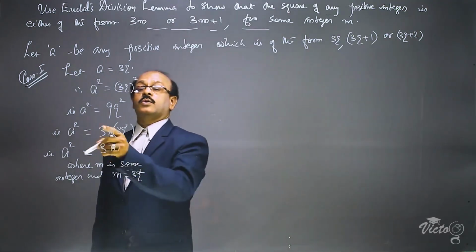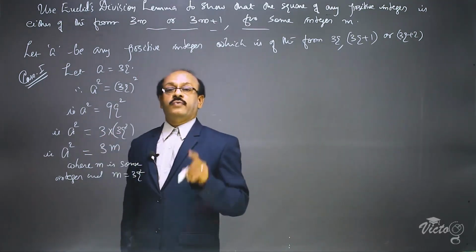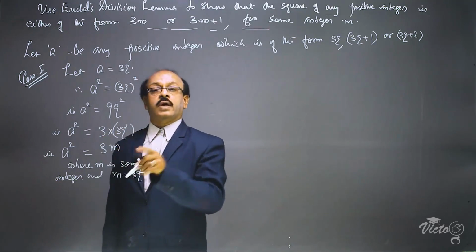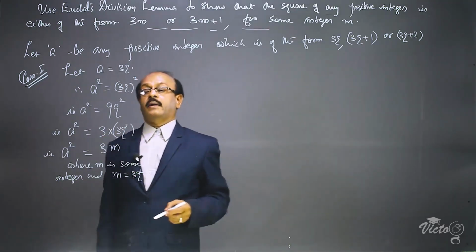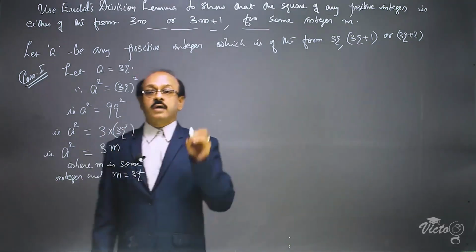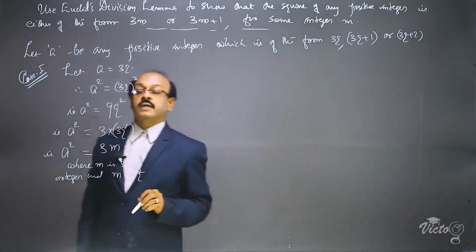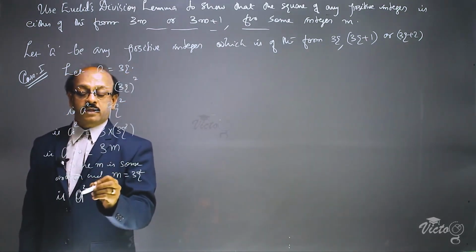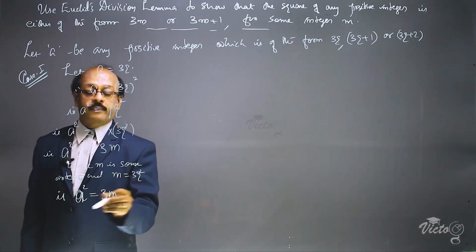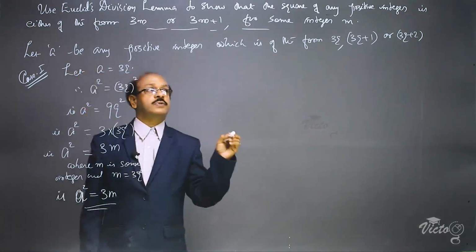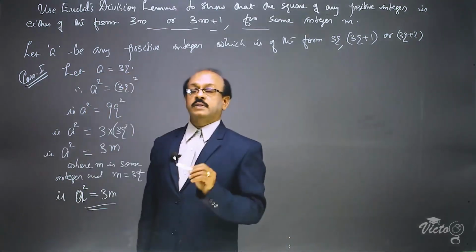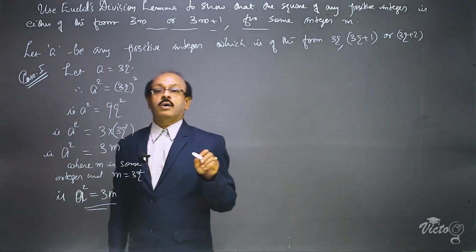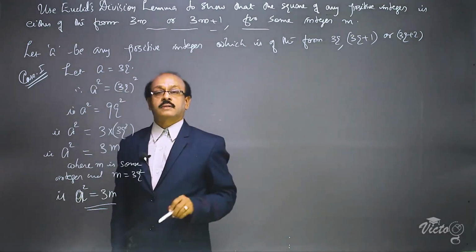That means the square of the positive integer a is equal to 3m. This is the first case. So, we got the answer of the first case as 3m.